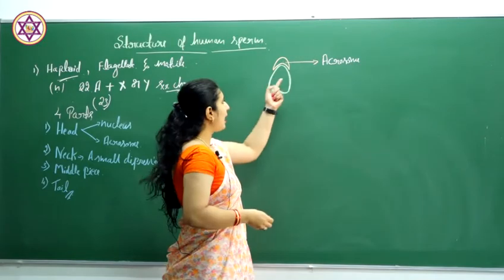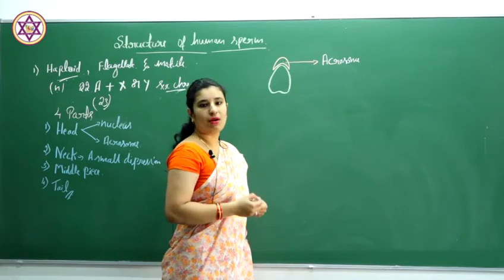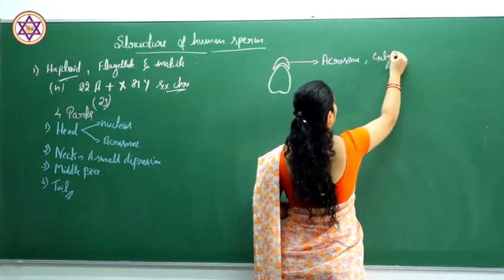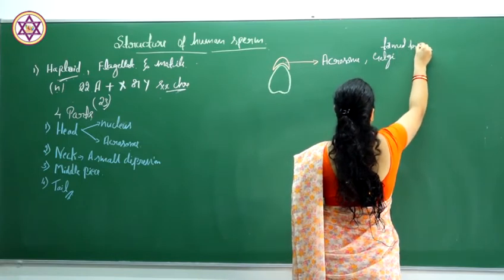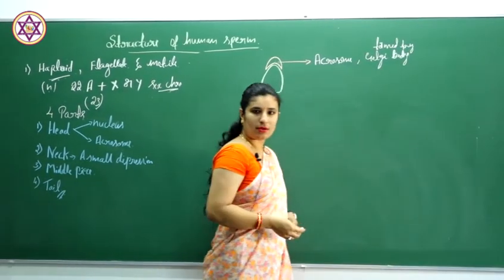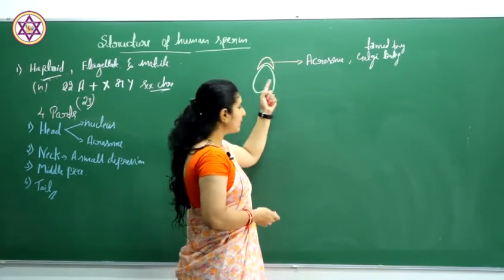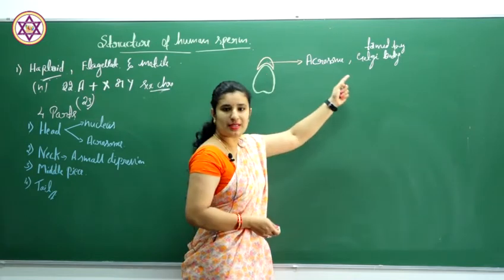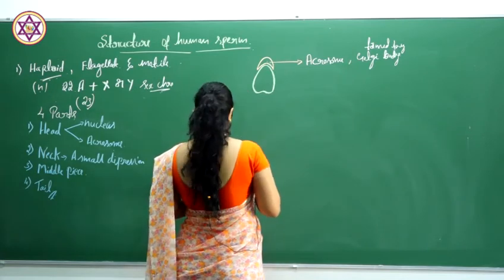This acrosome, which makes a cap-like structure, is formed from the Golgi apparatus or the Golgi body. This cap-like structure, the acrosome, is present just above the nucleus in the head of the sperm, and it is derived from the Golgi body.